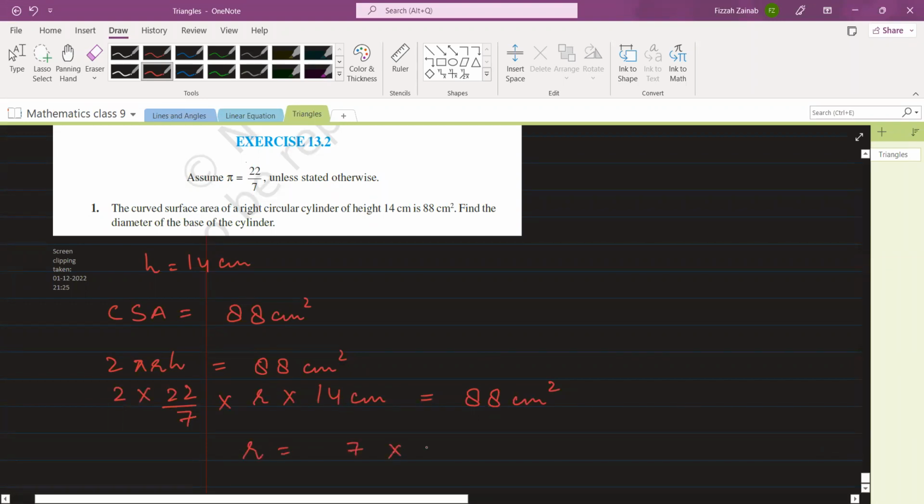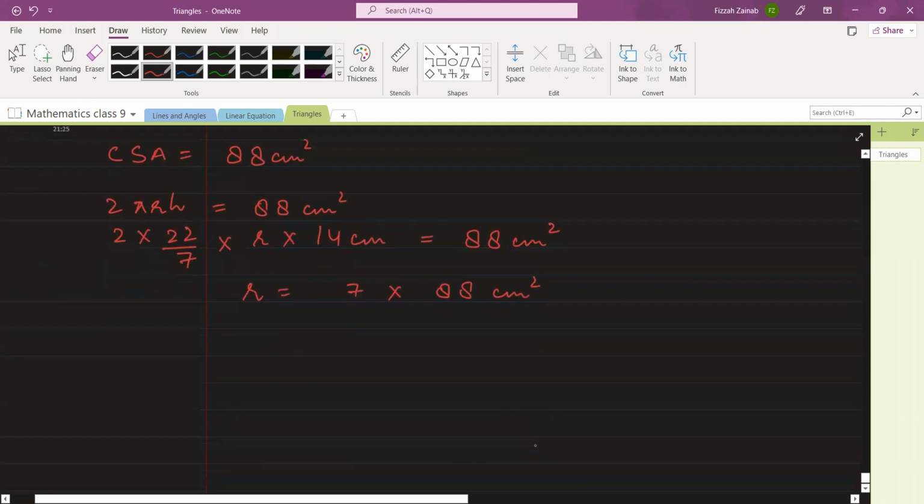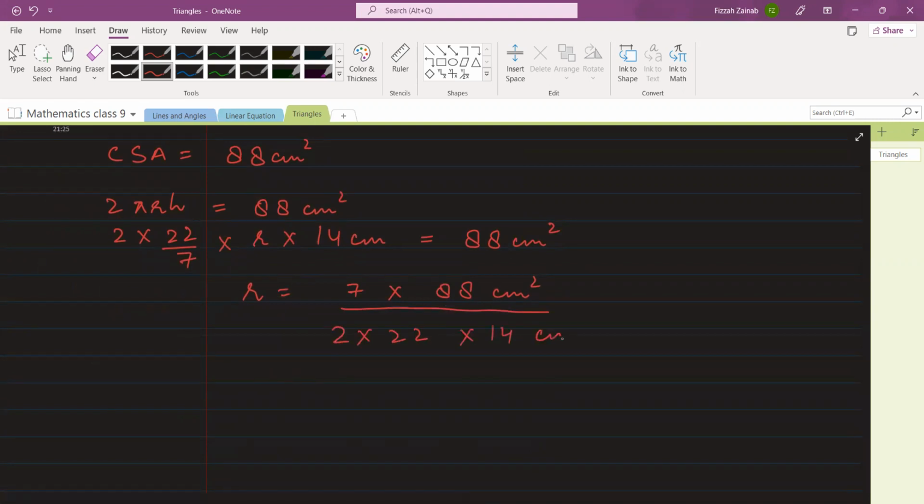So 7 into 88 centimeter square divided by 2 into 22 into 14 centimeter, right? As you can see, 1 centimeter will be gone and only 1 centimeter will remain. So the radius will be in centimeter, because it's a length, it has to be in centimeter only, not centimeter square.